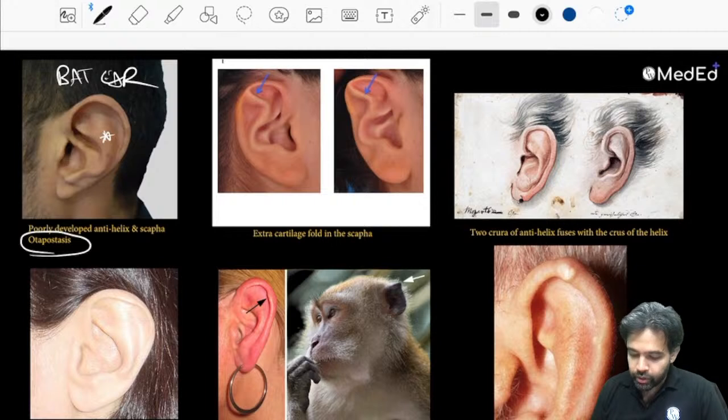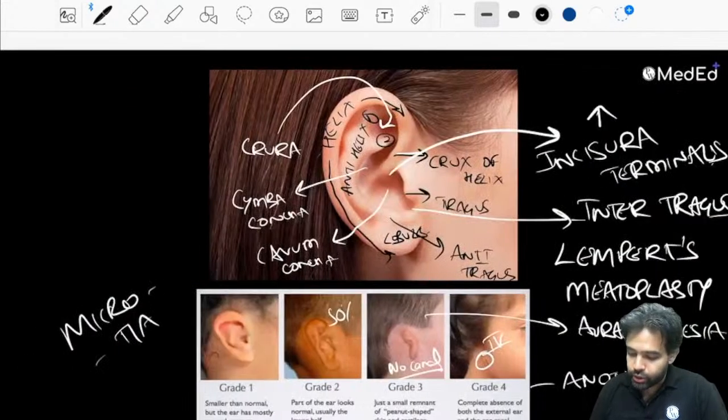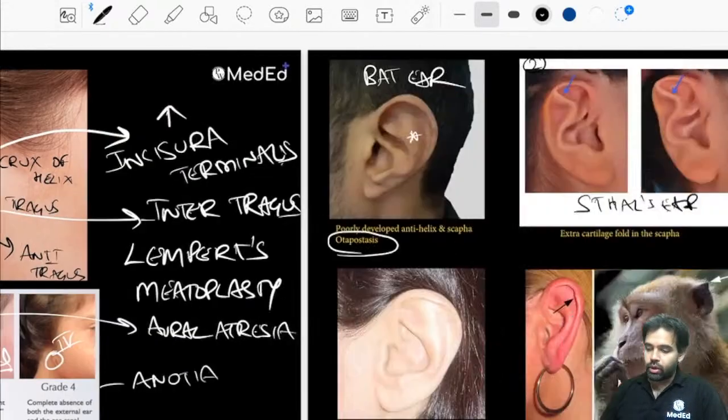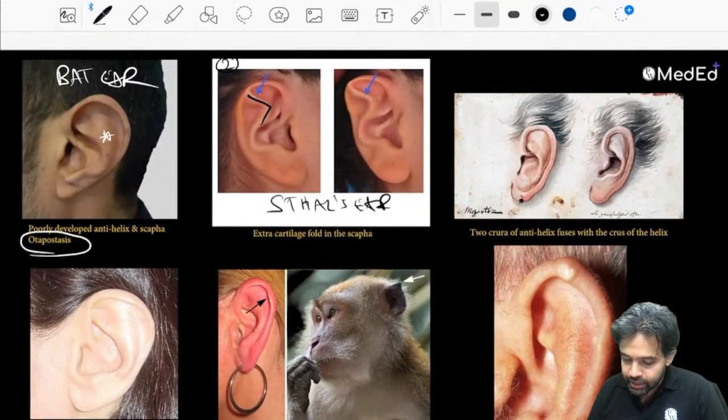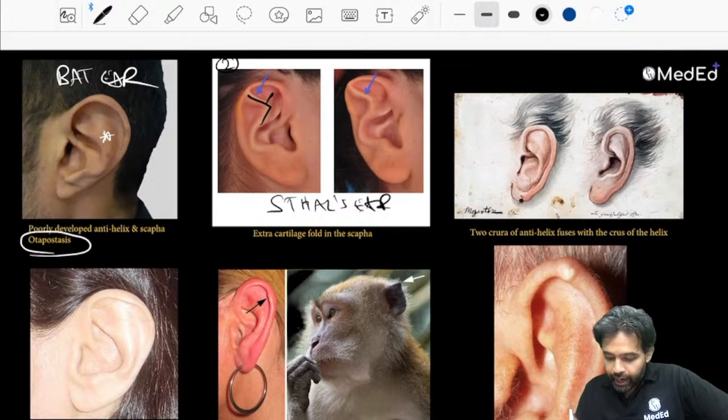Now we are going to number 2. This is called Stahl ear. Normally the ear will have only 2 crura. I told you there are only 2 crura over here. Here you can see there is this zigzag line, and it becomes 3 crura of the scapha, and that is the abnormality seen in Stahl ear.